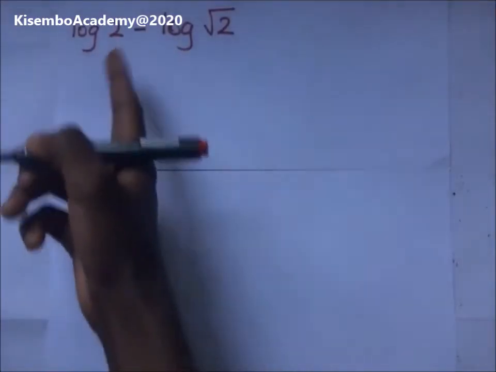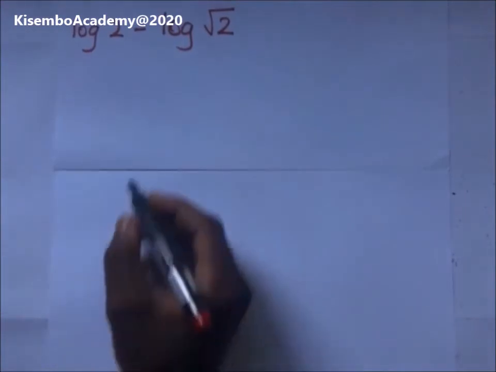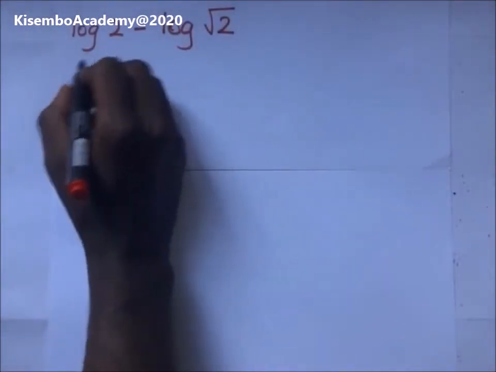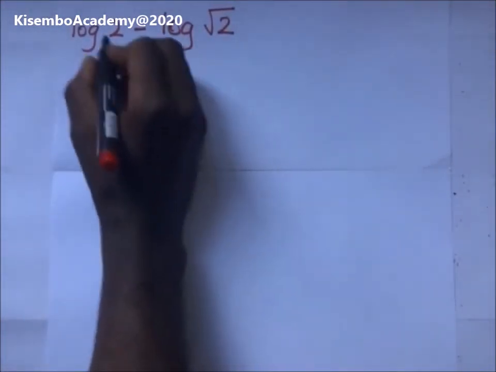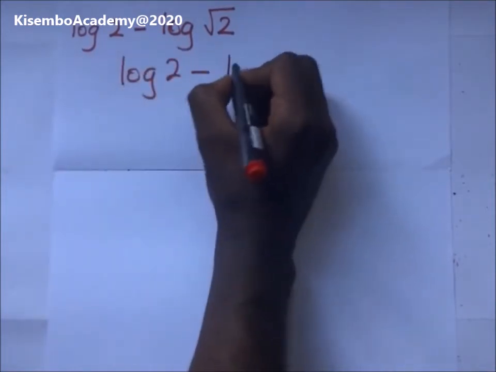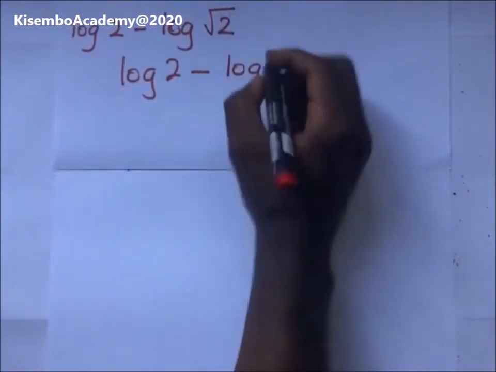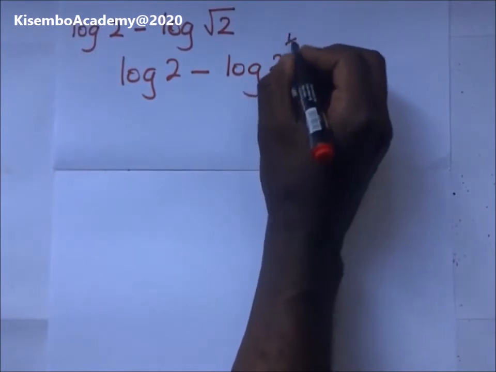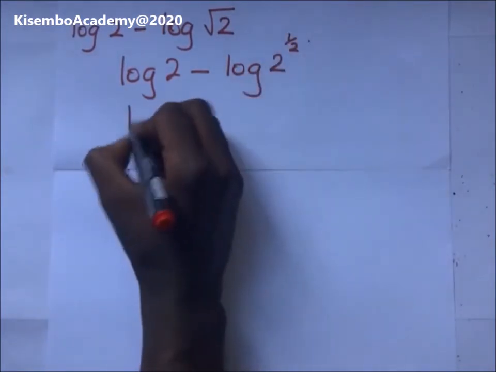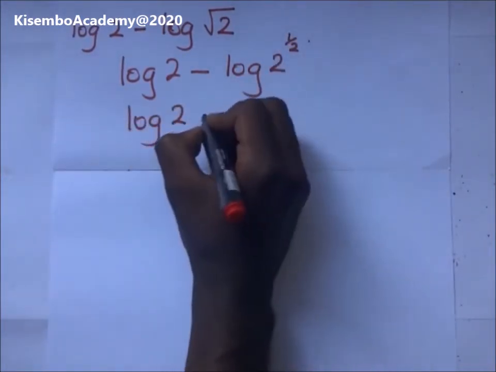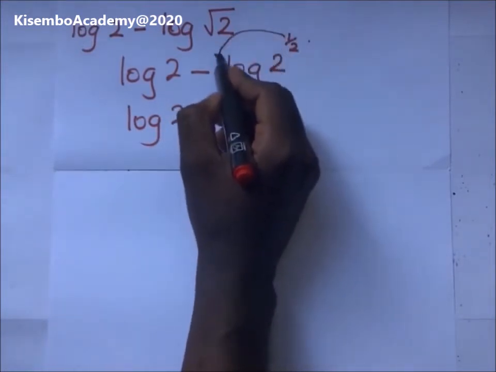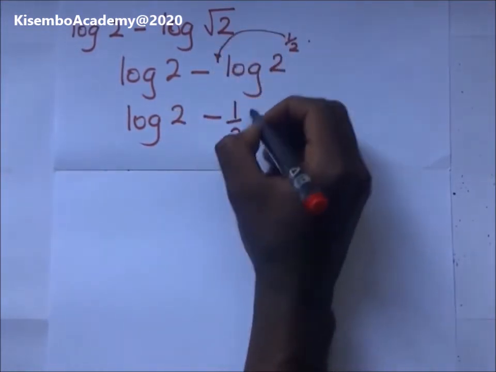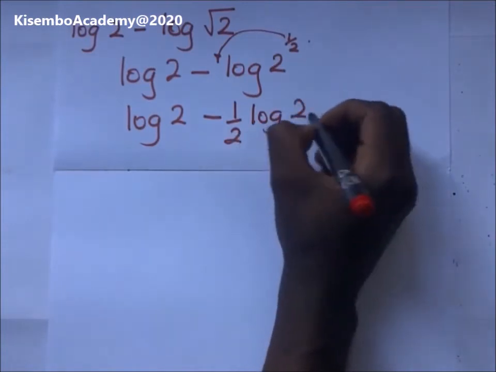Logarithm of 2 minus log of root 2, the next step is the log of 2 minus the log of, now square root of 2 is the same as 2 to the power a half. This is the same as log of 2 minus, now this a half comes right there, it becomes a half times the log of 2.